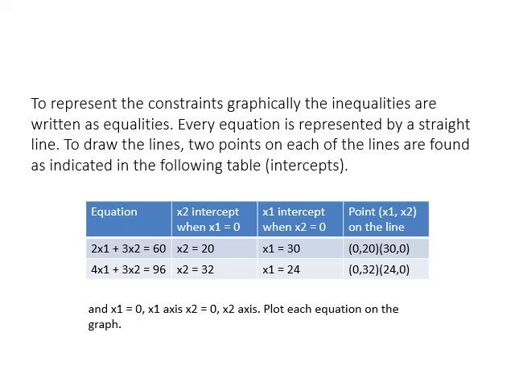And if x2 equals 0, then 2x1 equal 60 and x1 equals 30. The points of x1 and x2 are 0, 20 and 30, 0. That's correct.